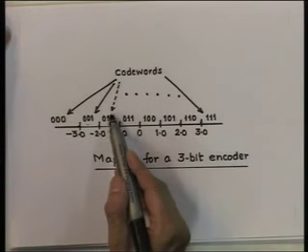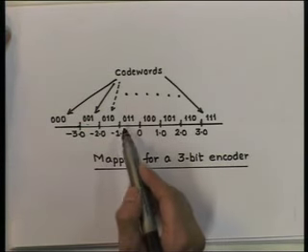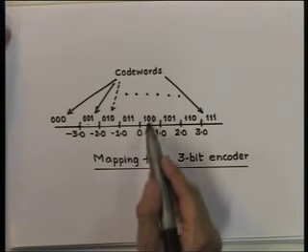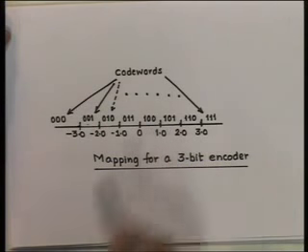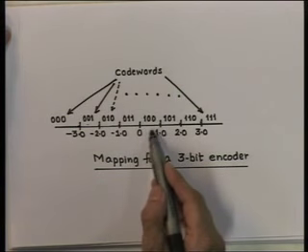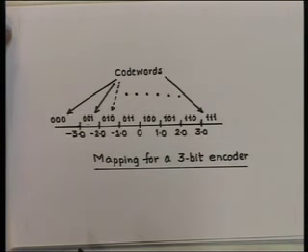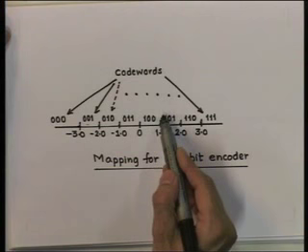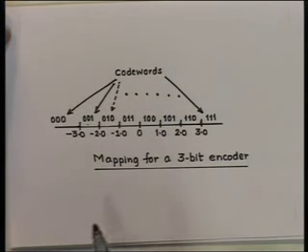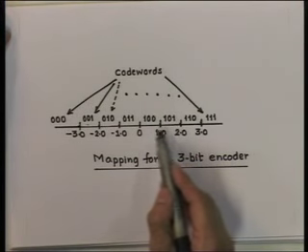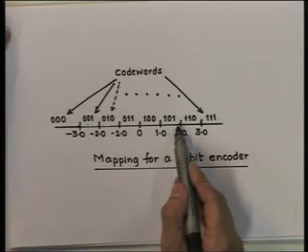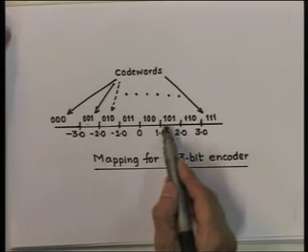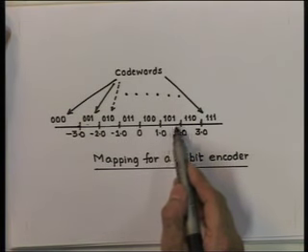Now, as there could be many, possibly infinitely many distinct sample values that can fall in any given interval, the encoder mapping is irreversible. Knowing the code only tells us the interval to which the sample value belongs. It does not tell which of many values in the interval is the actual sample value.